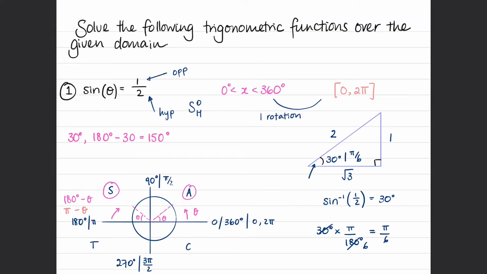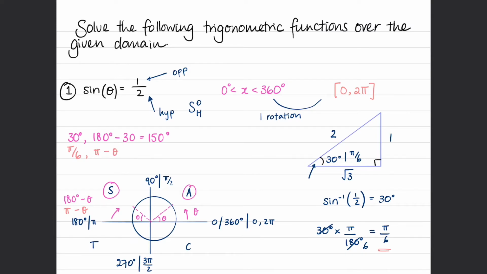Now in radians, again, we can expect two solutions. The first is pi on 6, and we found that when we were converting our 30 degrees into radians, or we could have also found that if we had our right angle triangle and were working it out in radians mode. To find the second angle, I said previously we need to do pi minus the angle.